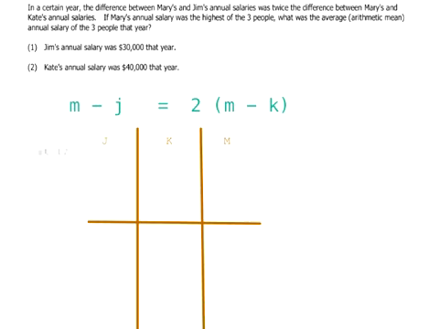So for statement 1, you have to pick 30,000 for J. Let's just put 30, so we don't need to keep putting the zeros there. If M is, let's say, 50, then M minus J is 20. So that means that would have to be 10, and so K would have to be 40, and then the average is 40.